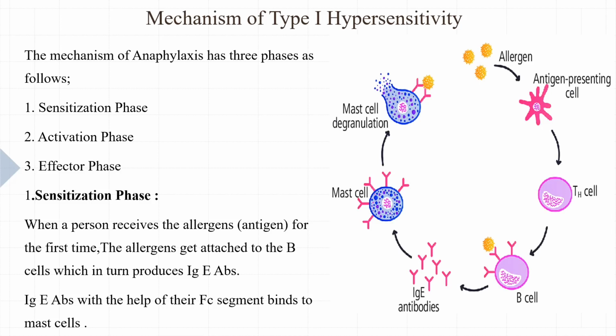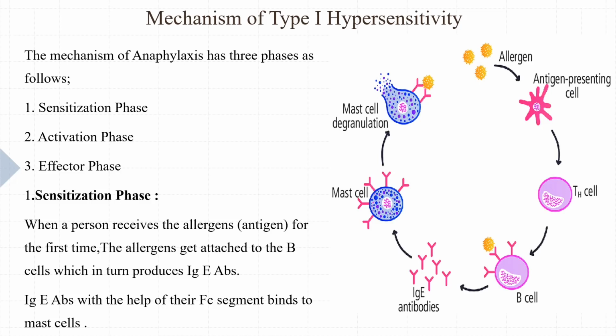The allergen stimulates the B cell to produce plasma cells, which in turn produce a specific antibody, which is IgE. The IgE antibodies are called reagins, which are produced by people who are allergic to any of these factors.